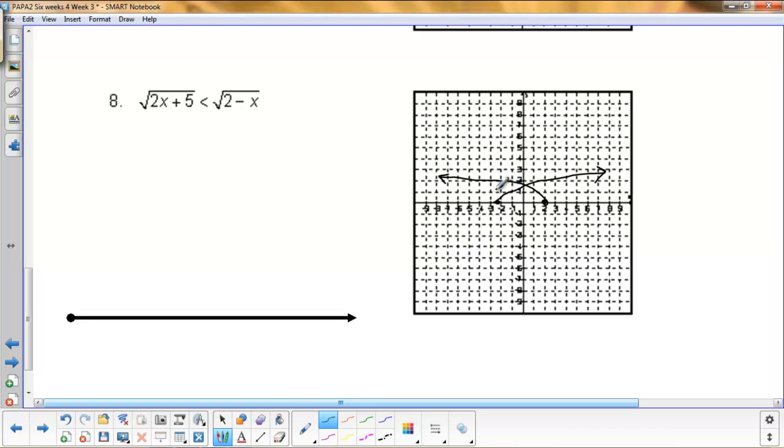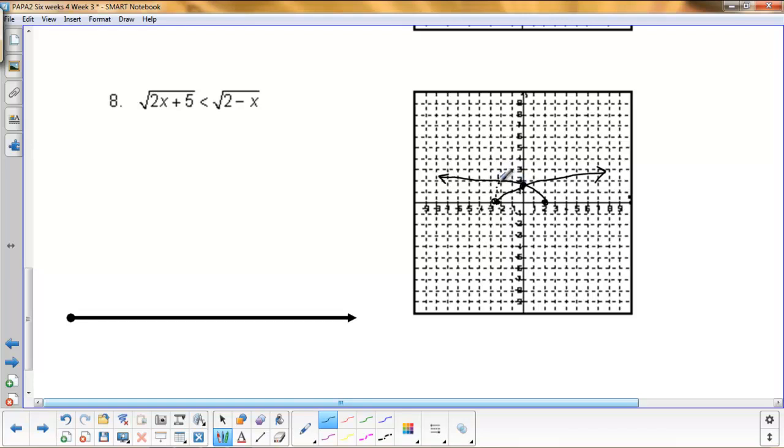So in this particular problem, you'll notice that this graph, that's the second one, is above this graph, that's the first one, between this point, wherever they intersect, and this point, where this graph ends.